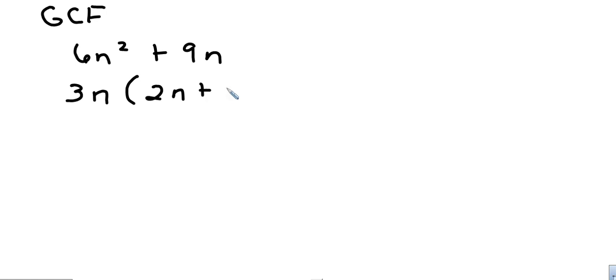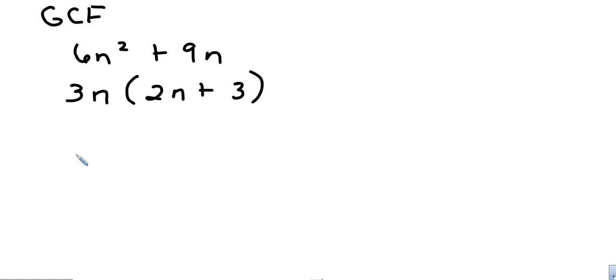That answer is 3. So this factors as 3n times (2n + 3). The fact that this is not a trinomial is not a problem. I only had two terms here. If I wanted to check this, I would just distribute the 3n back into my binomial here and discover that I was right back where I started.